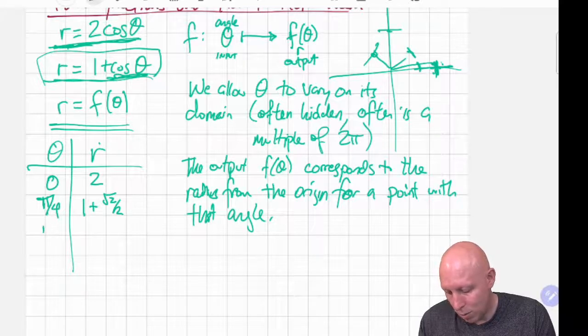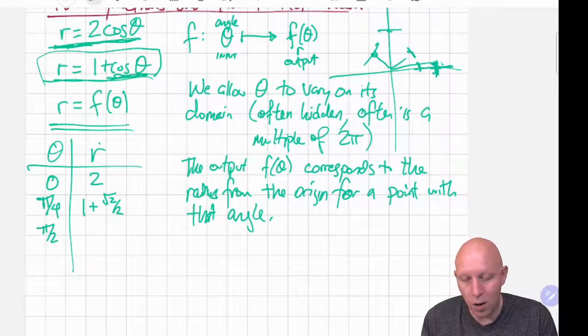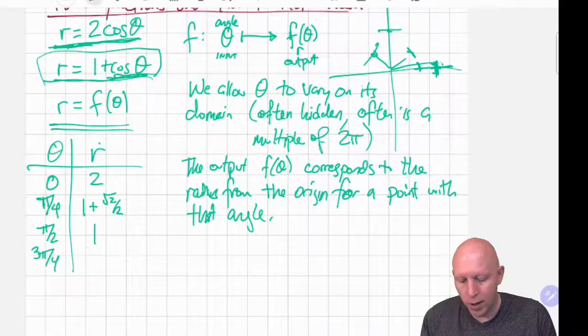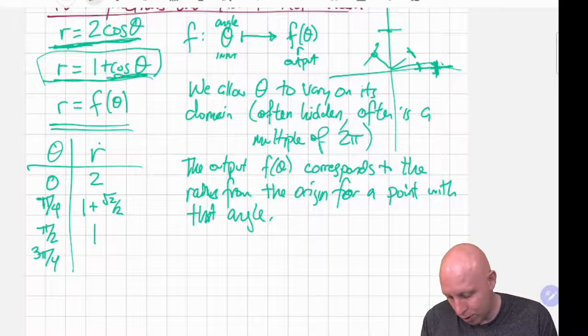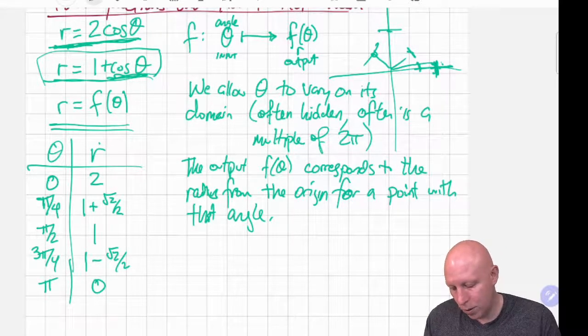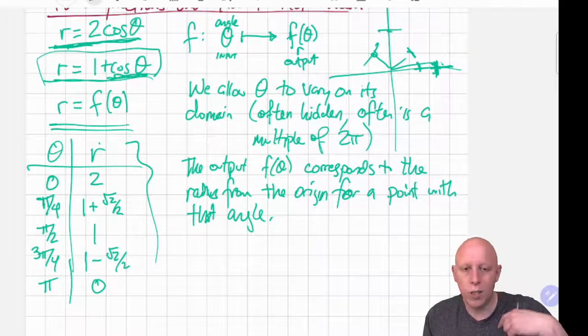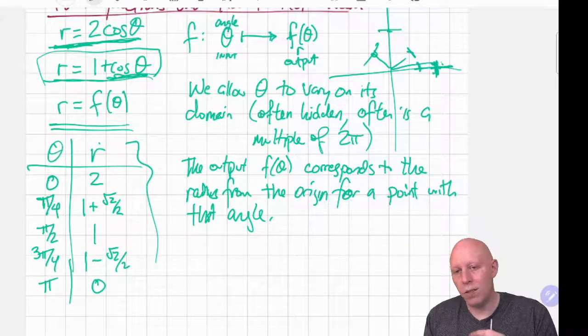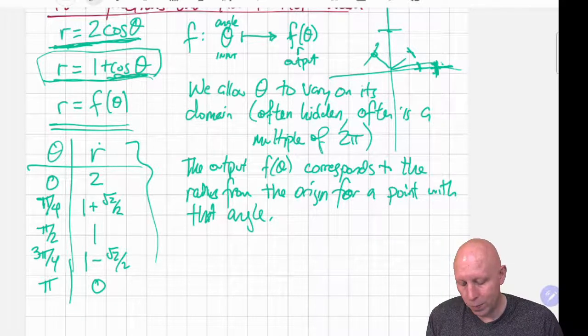If theta is pi over 2, cosine is 0, so I get 1. If I have 3 pi over 4, cosine of theta is negative root 2 over 2, so 1 minus root 2 over 2, and when I plug in pi, I get 0. So for different values of theta that I plug into this equation, I get different corresponding values of r.